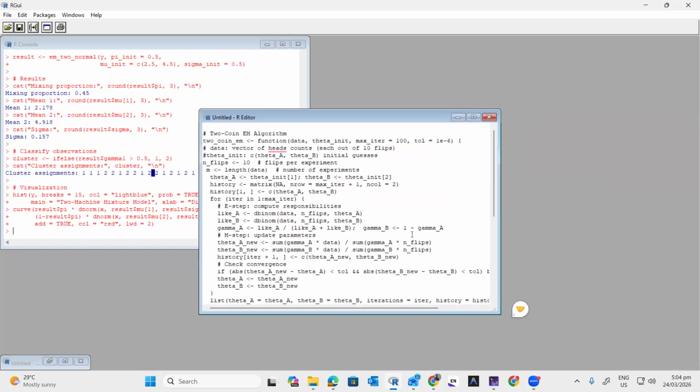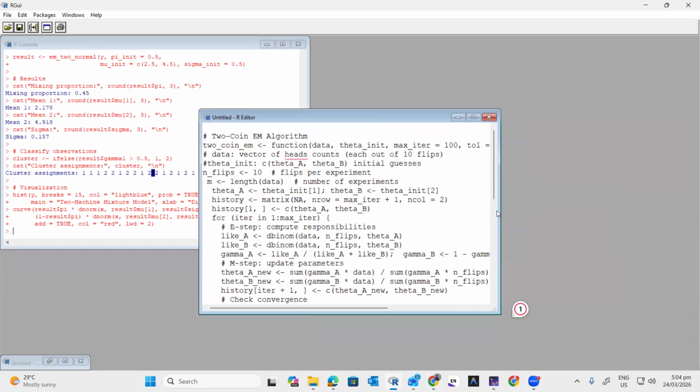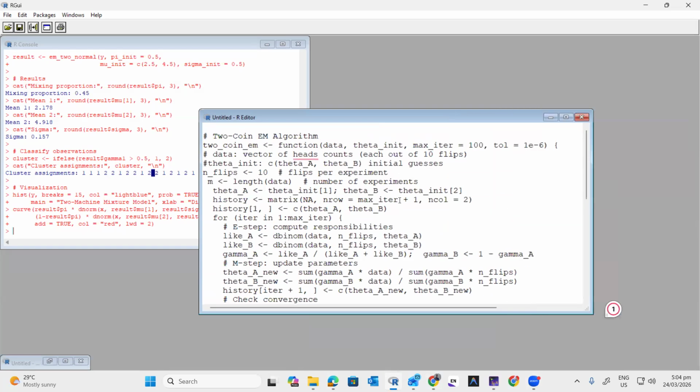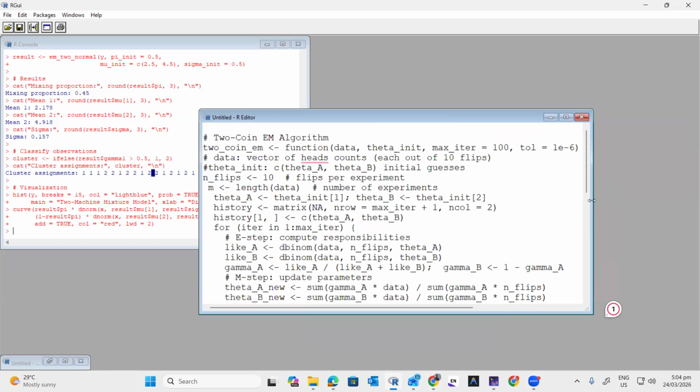I hope this is visible for all of you. Okay, so the two-coin EM algorithm that we are writing here: 2_coin_EM. In that, we are going to define a new function and store the value there, function of data.